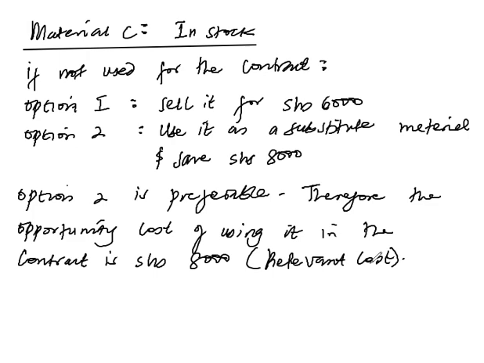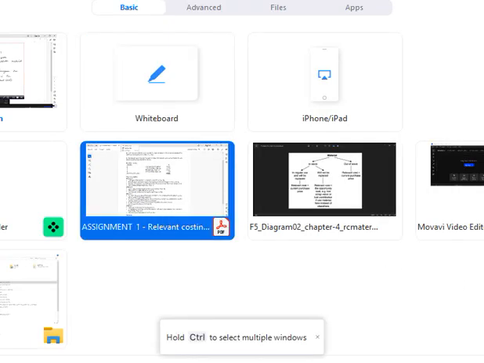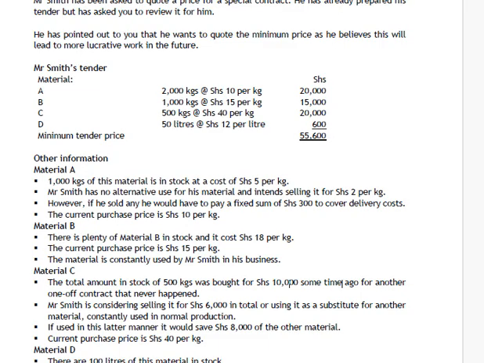Let us look at what Mr. Smith included in his minimum tender price. Mr. Smith included 20,000, and that is completely wrong. He is looking at the 500 kilograms at their current purchase price of shillings 40 per kilogram, but remember, these materials are already in stock.